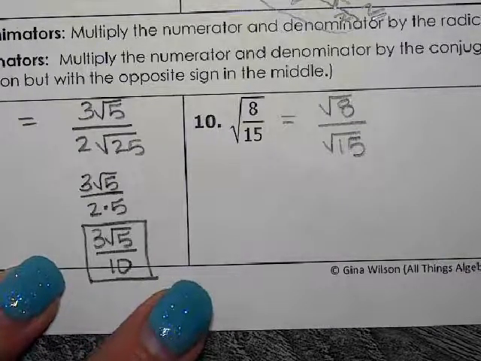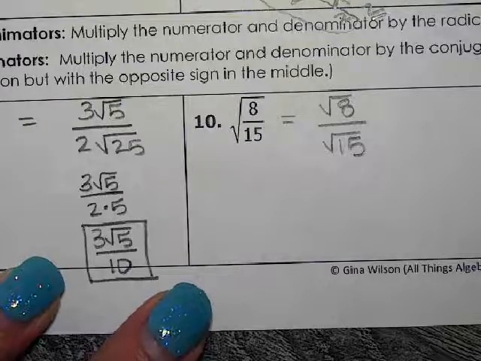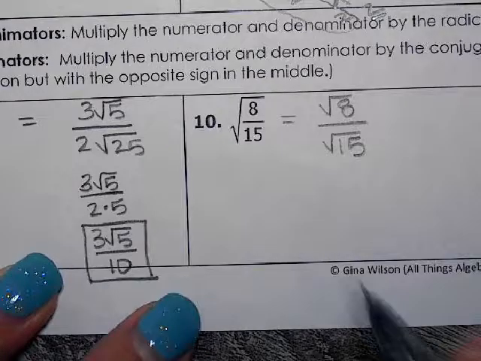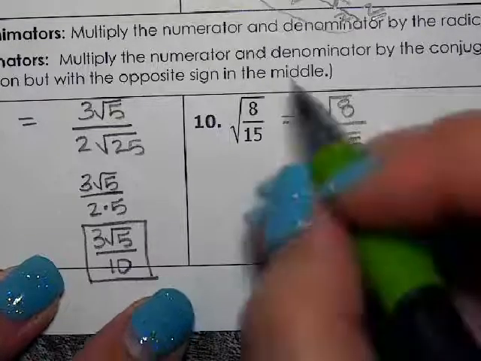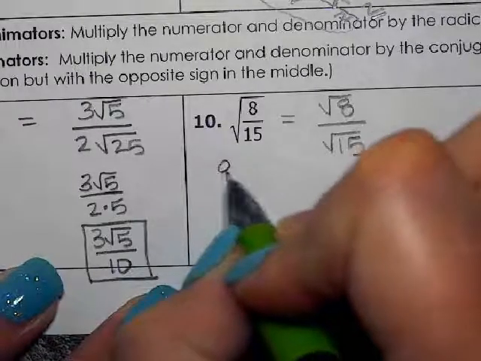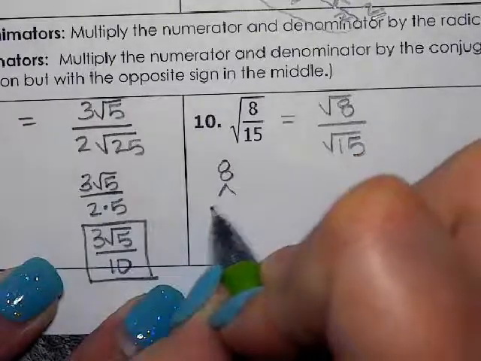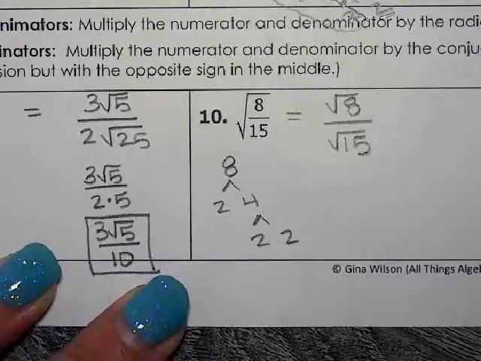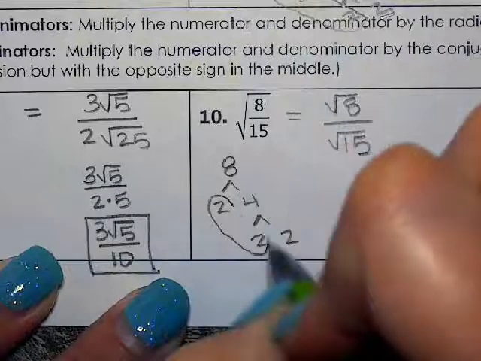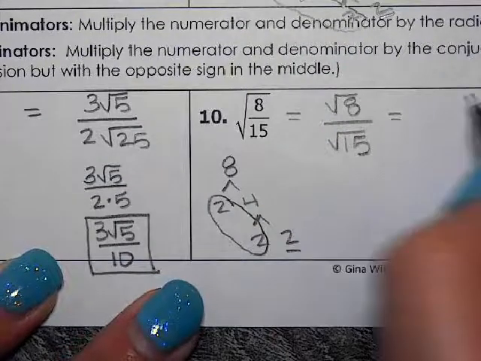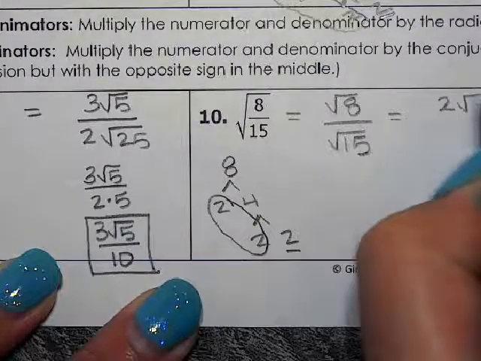So let's simplify the root 8 so we're dealing with smaller numbers, and then we can fix the denominator. So 8 is 2 times 4, 2 times 2 times 2. So we have a pair of 2's. So this is 2 square root 2, pair of 2's, leftover 2, over root 15.